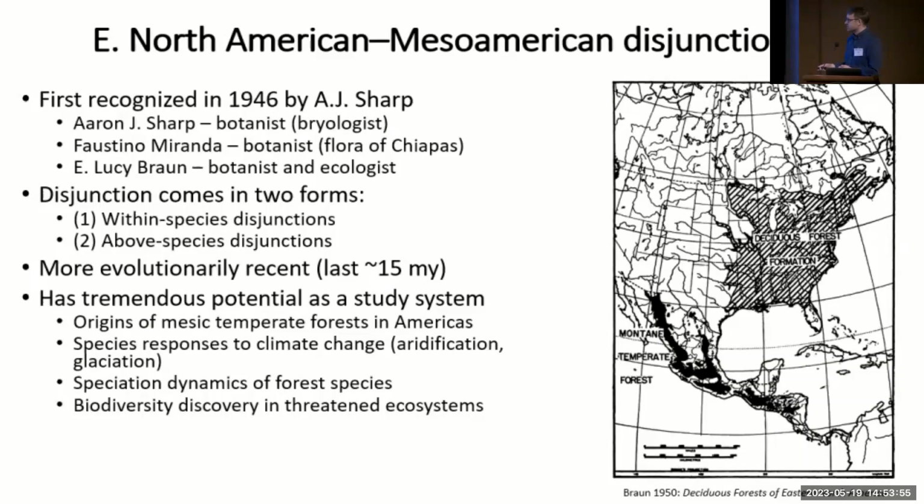This is more recent in its origin, and I think it has a lot of potential for understanding the origin of mesic temperate forests in the Americas, for understanding how species respond to climate change, both in terms of aridification and changes in temperature in recent history, and also for looking at speciation dynamics in forest species. I also think there's a lot of undocumented biodiversity hidden in this disjunction pattern, so a closer look would be very valuable.